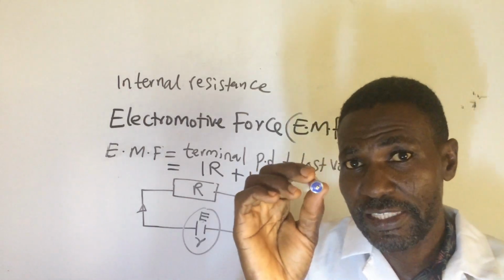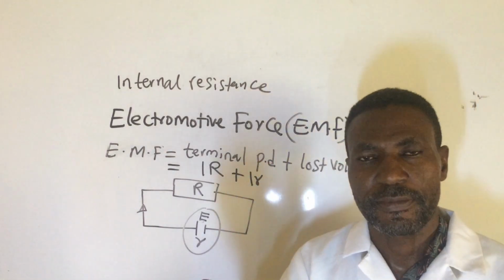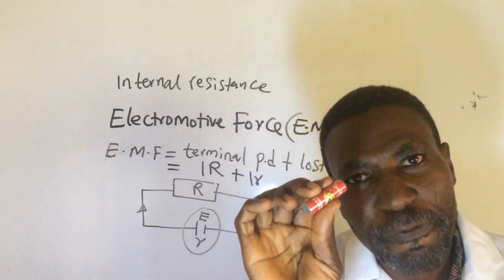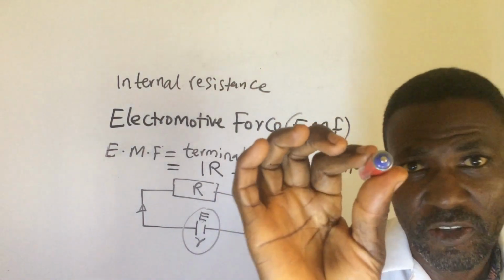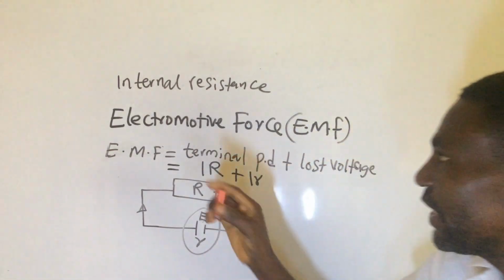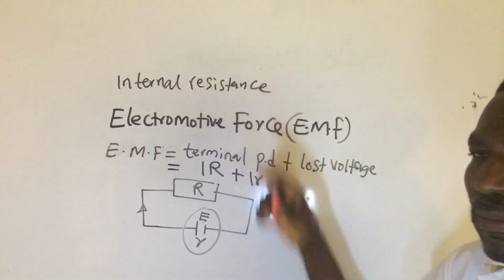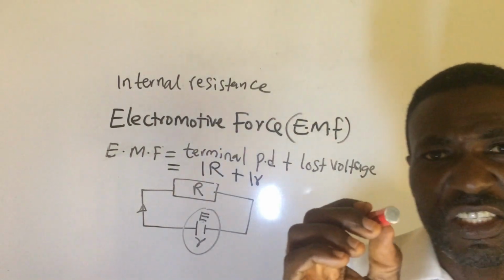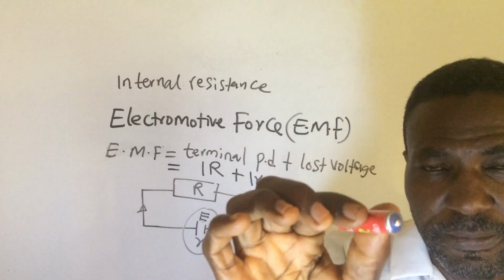The amount of current that this battery can give depends on the electromotive force of this battery and the internal resistance of this battery. The internal resistance is opposition to the current that this battery can give.